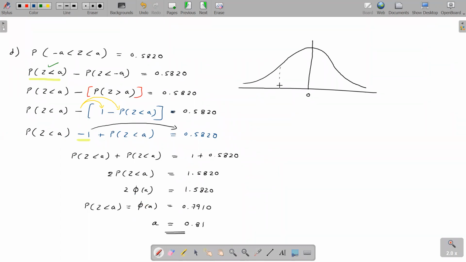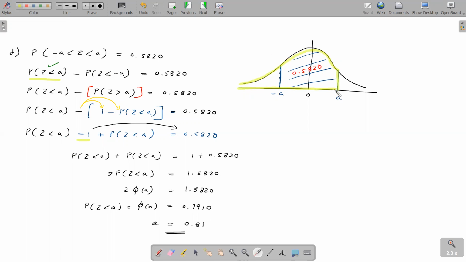So here it is between minus A to plus A, and this area is 0.5820, right? I think this is the simplest way. The easiest thing to get the A value is the area behind A. I want to get the area behind A, so I need this complete area behind it.